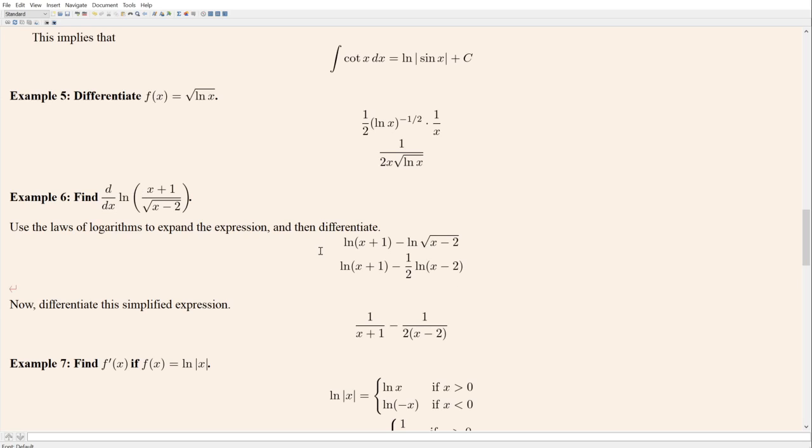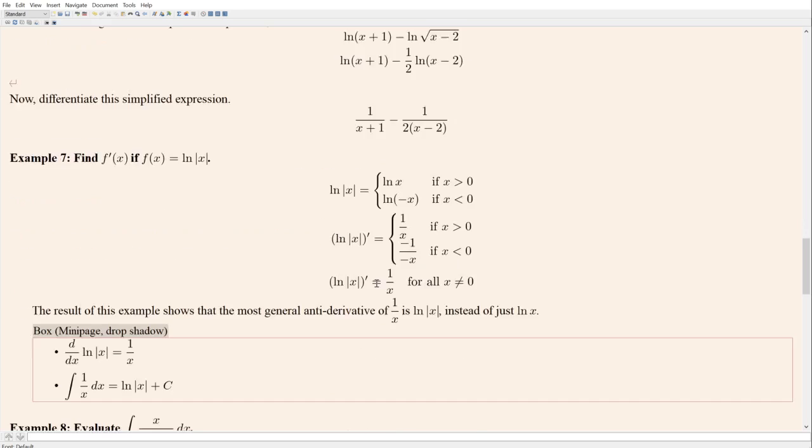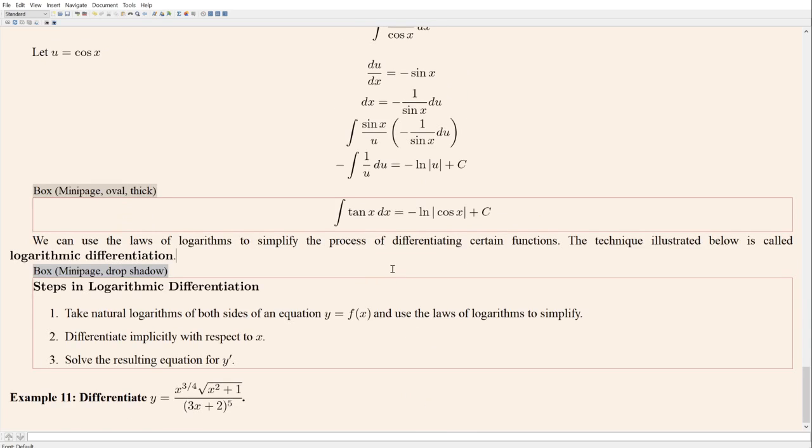So, maybe if I have some big ugly expression and I need to differentiate it, if I differentiate the logarithm instead, that would be way, way easier. Well, let's codify that into a technique, namely the technique of logarithmic differentiation, or using the laws of logarithms to make differentiation easier.